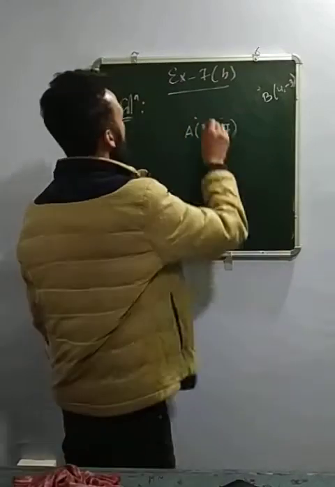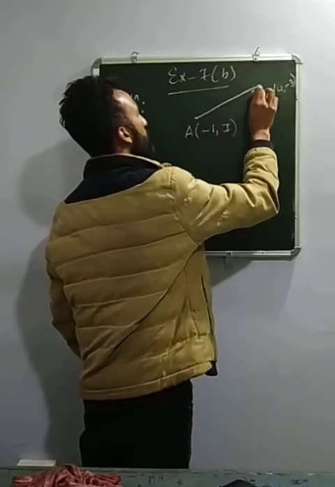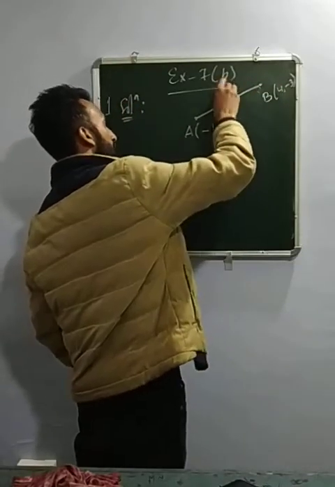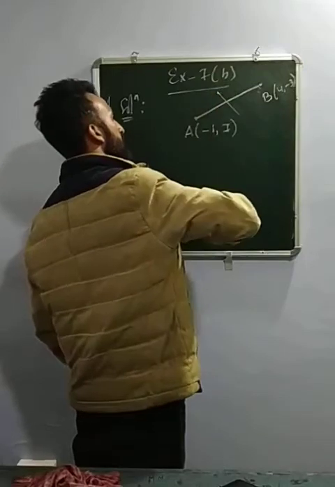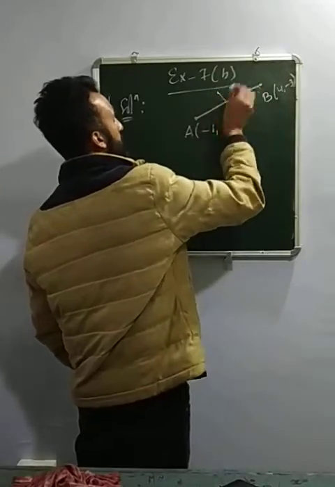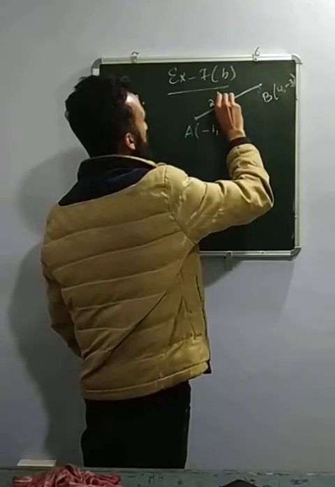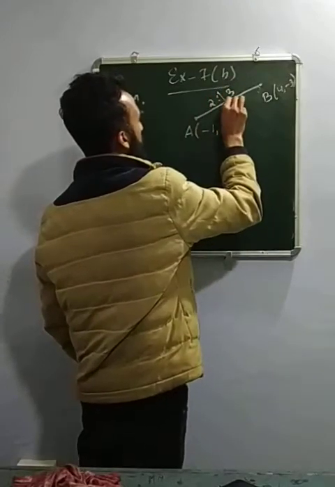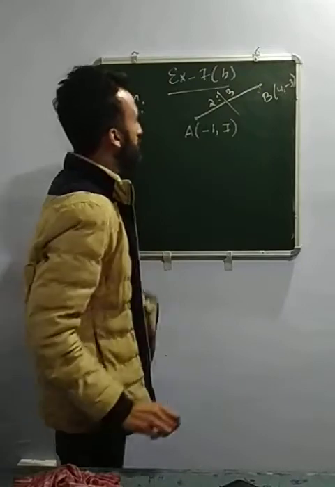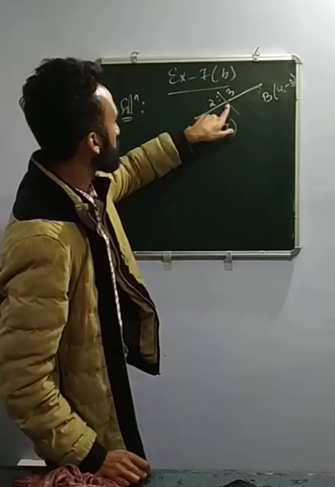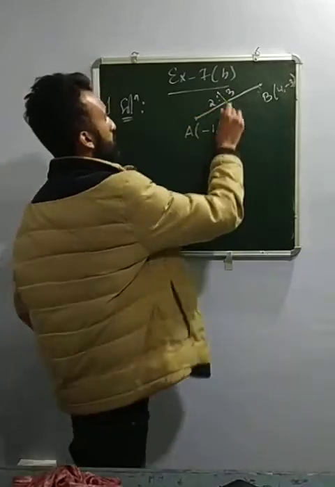When I join them up, it becomes a line segment, and a line passes through this line segment and divides it in the ratio 2:3. I have to find the coordinates of this point which divides this line into two ratio.